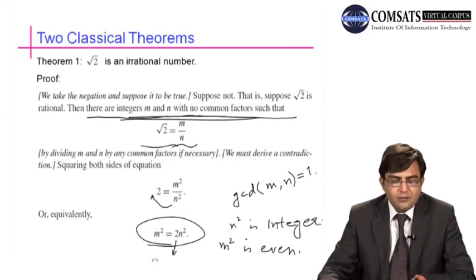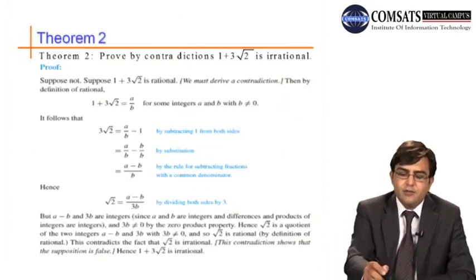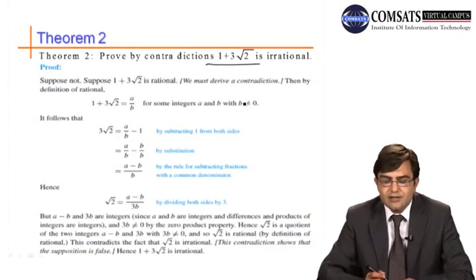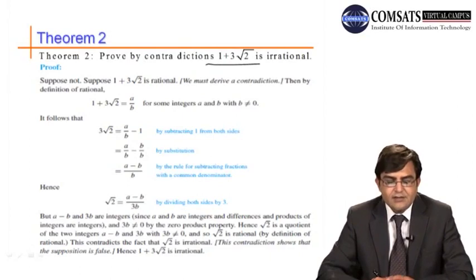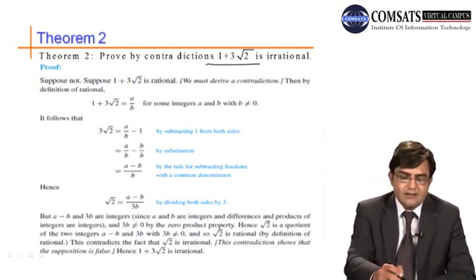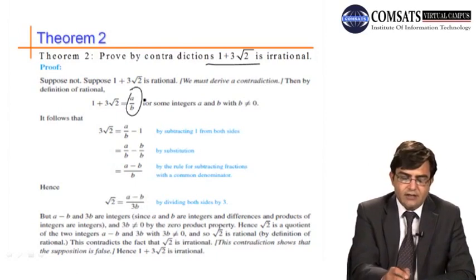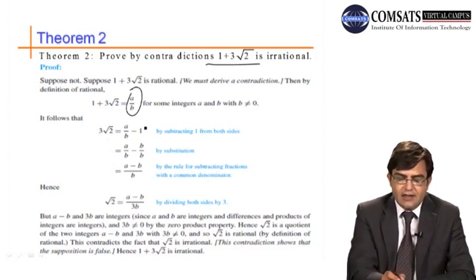Similarly, we can prove the second theorem, in which we have to prove that 1 plus 3 into square root 2 is irrational. We take the same steps we have taken in the previous theorem. We suppose that 1 plus 3 into square root 2 is rational. We write it as a by b. We take the 1 on the other side, we take the LCM.